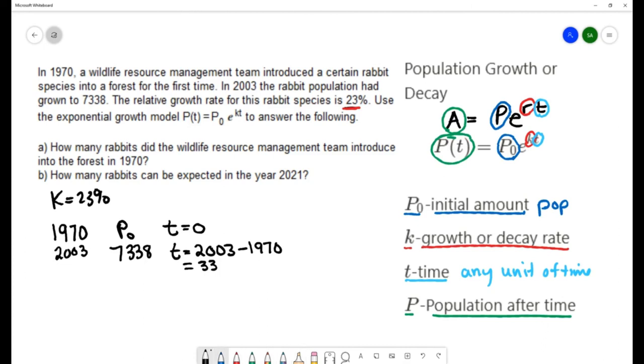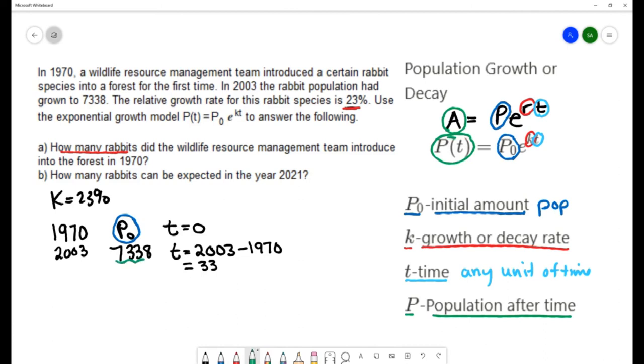So in this problem, it says, how many rabbits did the wildlife resource management team introduce into the forest in 1970? What they want to know is what is P naught? So we're going to be able to solve this problem by substituting into our model.